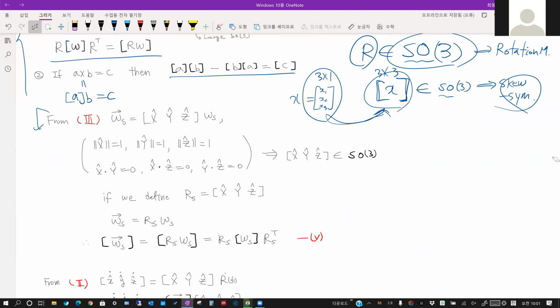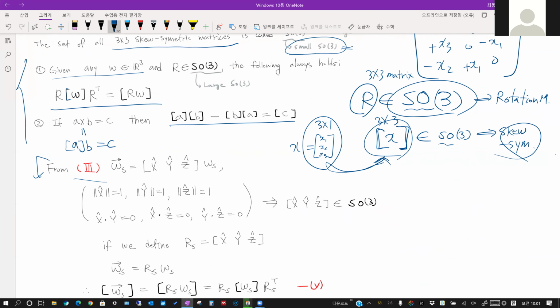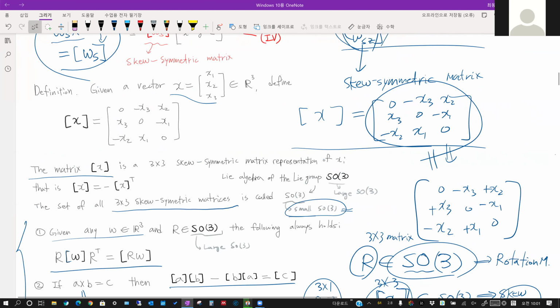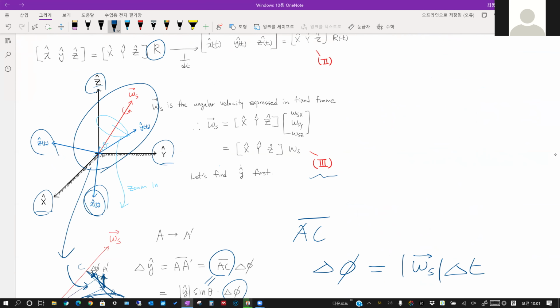By returning to calculate the angular velocity, the third equation is here. This is the equation of angular velocity expressed in the fixed frame.